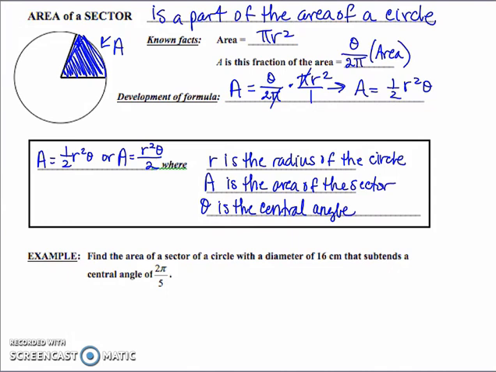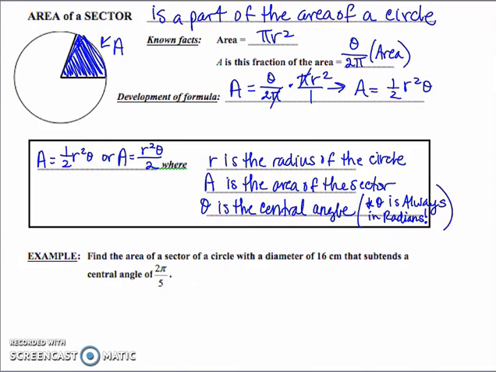And just like the last formula, it's really important. Theta is always in radians. So again, if theta is not given in radians, it'll be your job to convert it to radians.